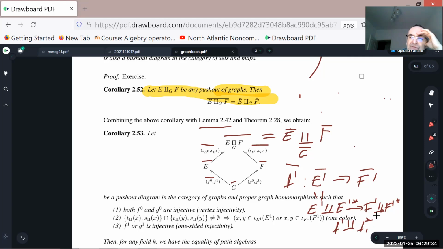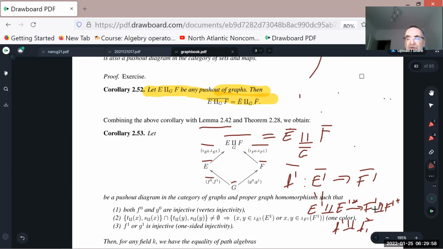So it's clear that I cannot glue any star edges with non-star edges, because non-star edges go to non-star edges and star edges go to star edges. The only possibility of having failure of injectivity is to glue non-star edges with non-star edges and star edges with star edges.